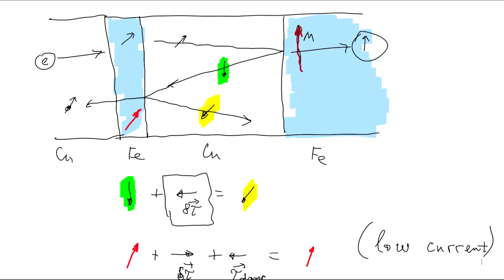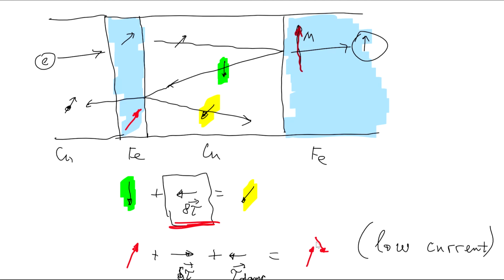but if you have too many of these torques, imagine that you don't deal with a single electron, you have many electrons scattering off this magnetic moment. What can happen is that this delta tau would overcome the damping, and that would cause our magnetization to rotate.